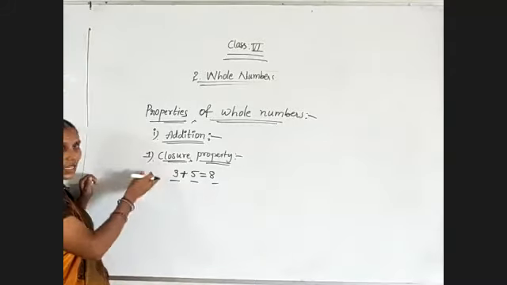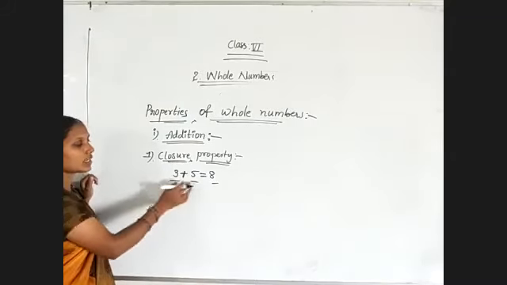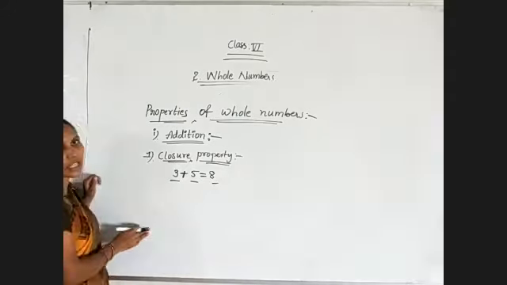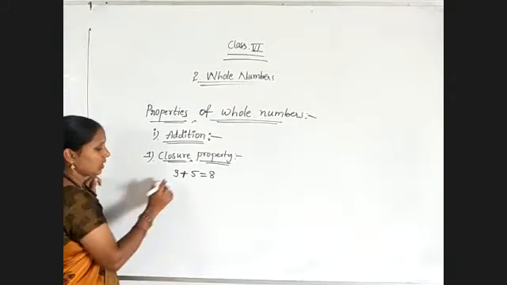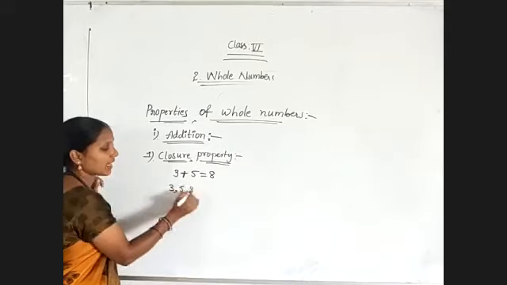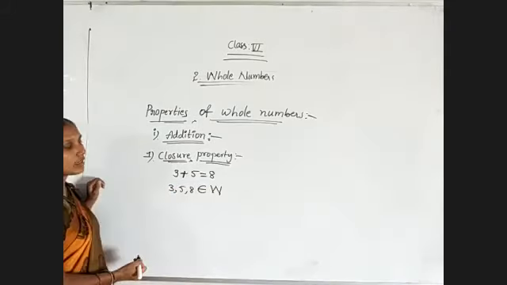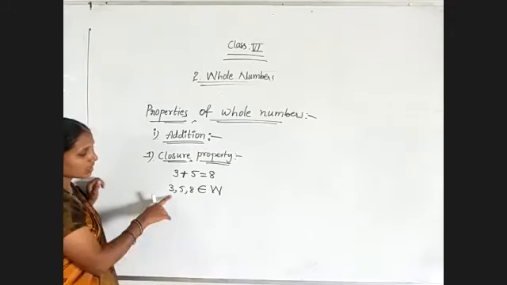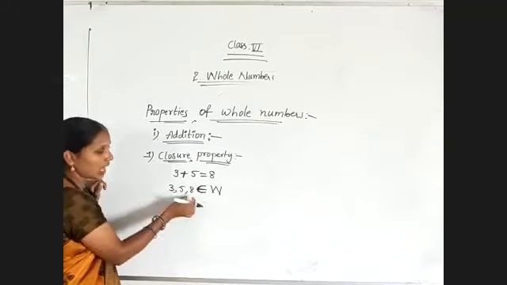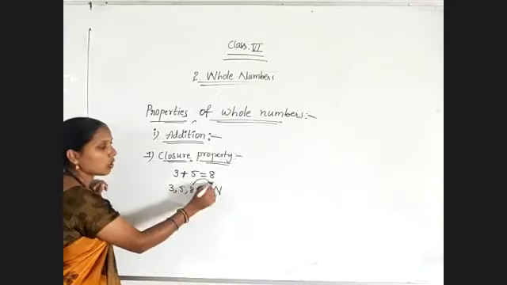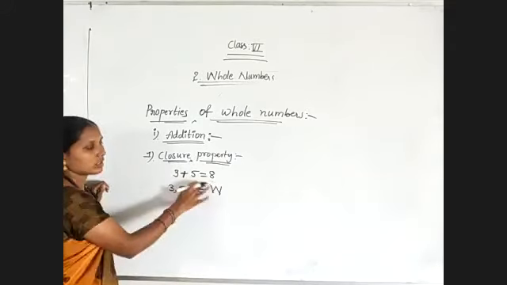Previously it is also possible for natural numbers: if you are adding any two natural numbers, the result also is a natural number. So here 3, 5, 8 all belong to whole numbers. See, this symbol is known as belongs to, meaning all these values come in whole numbers. So this is the symbolic notation.